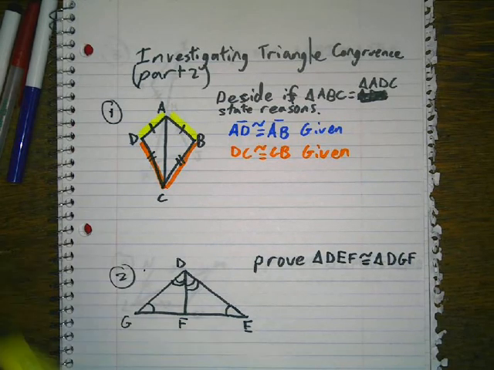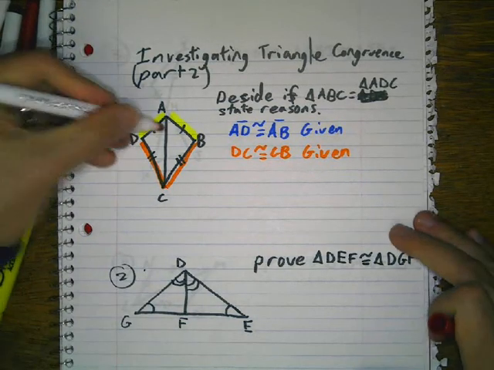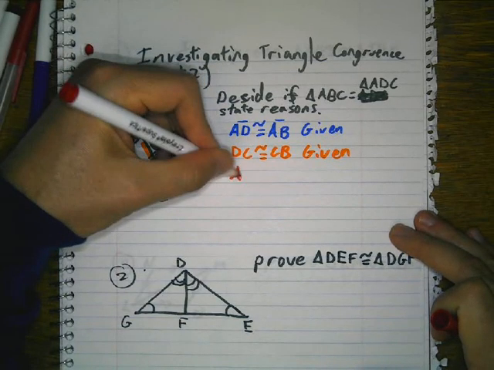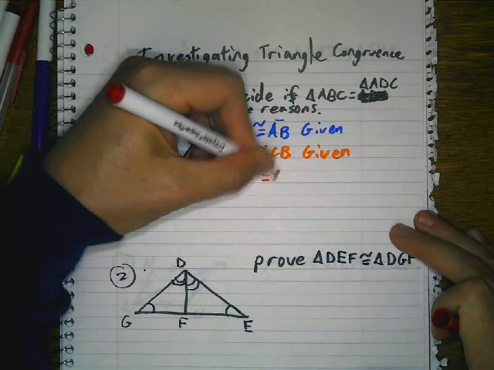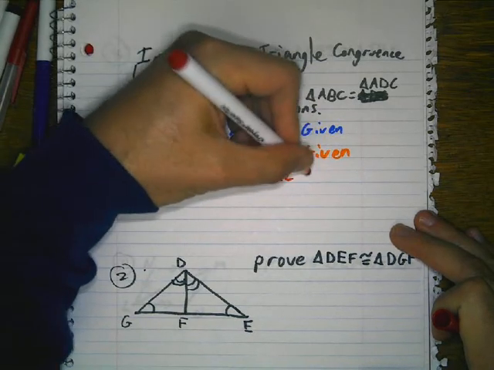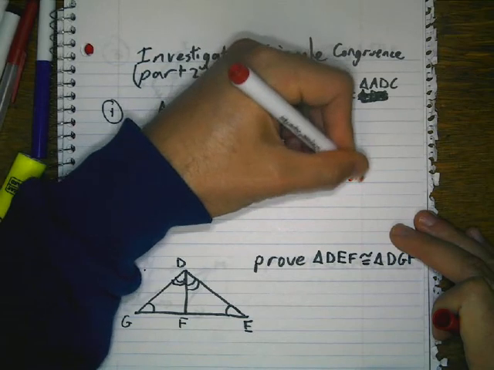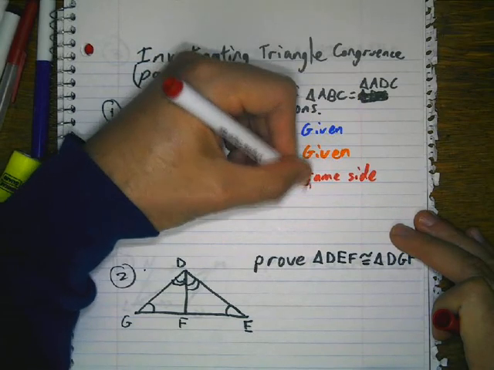And then the third side is used on both sides. So AC is congruent to AC. It's the same side for both triangles, right?